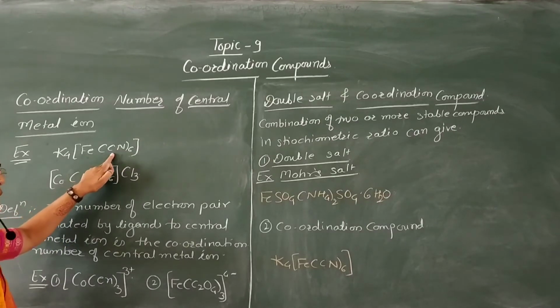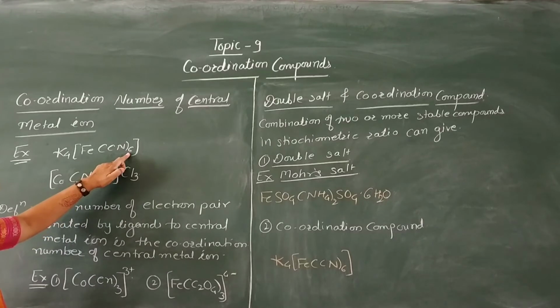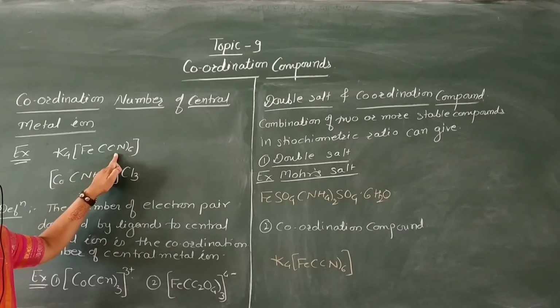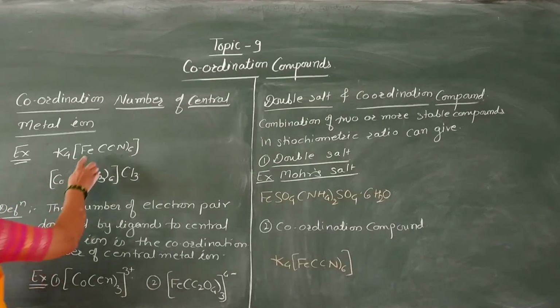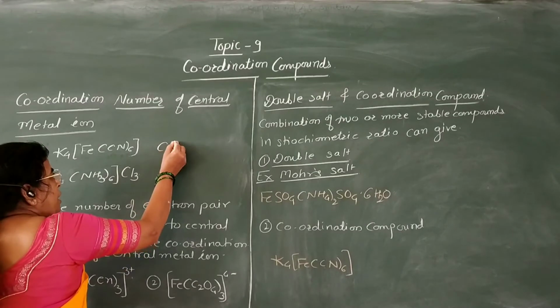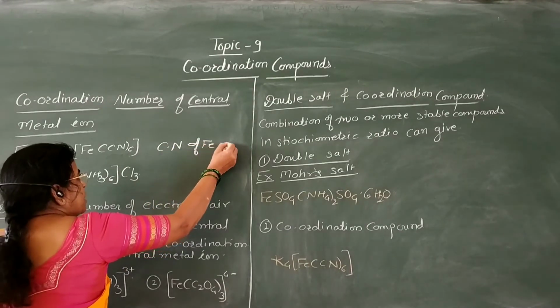Each CN ligand donates a pair of electrons. That is, these 6 CN donate 6 pairs of electrons to the central metal ion, and therefore the coordination number of iron in this complex is 6.